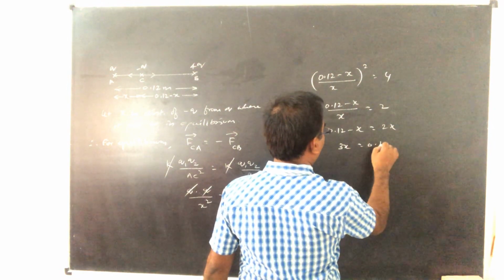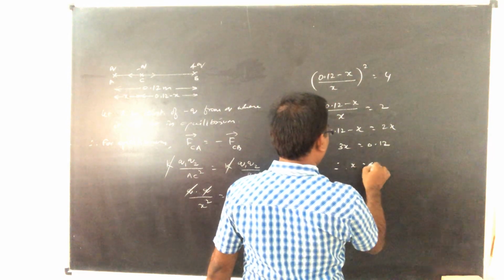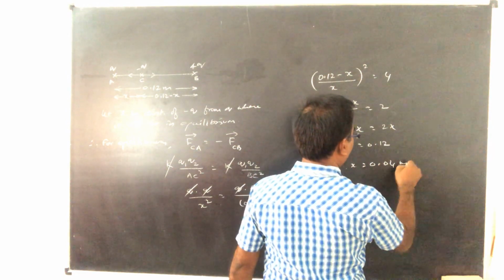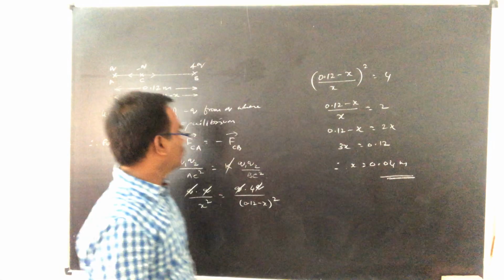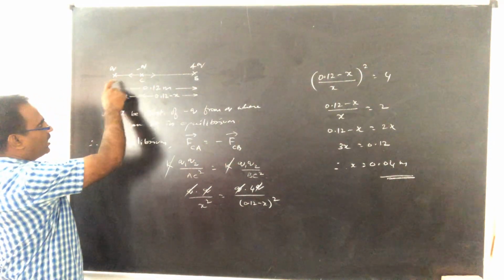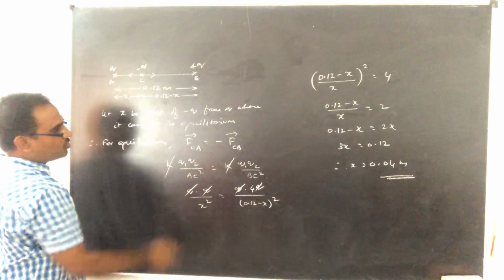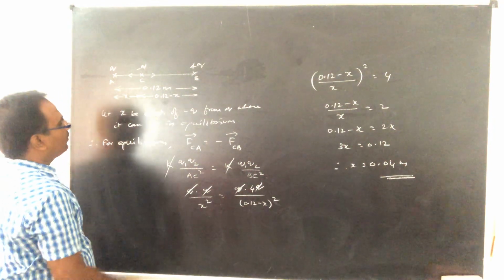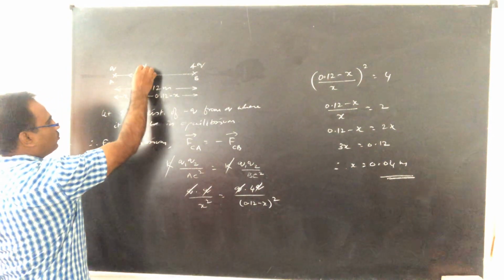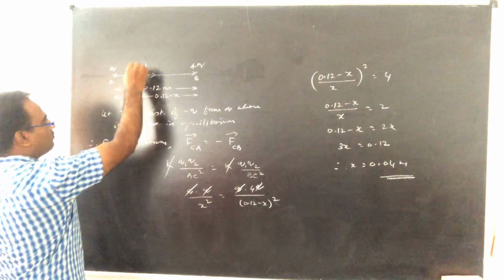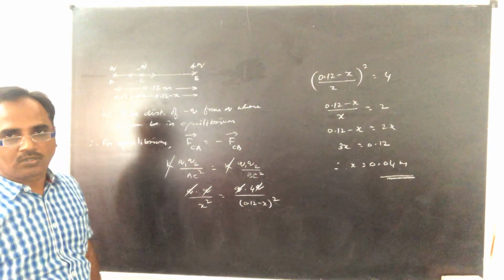So 3x is equal to 0.12. Therefore, x is equal to 0.04 meter. So at a distance of 0.04 meter from A or 0.08 meter from B, the resultant force on the minus q charge will become 0. That means it will be in equilibrium.